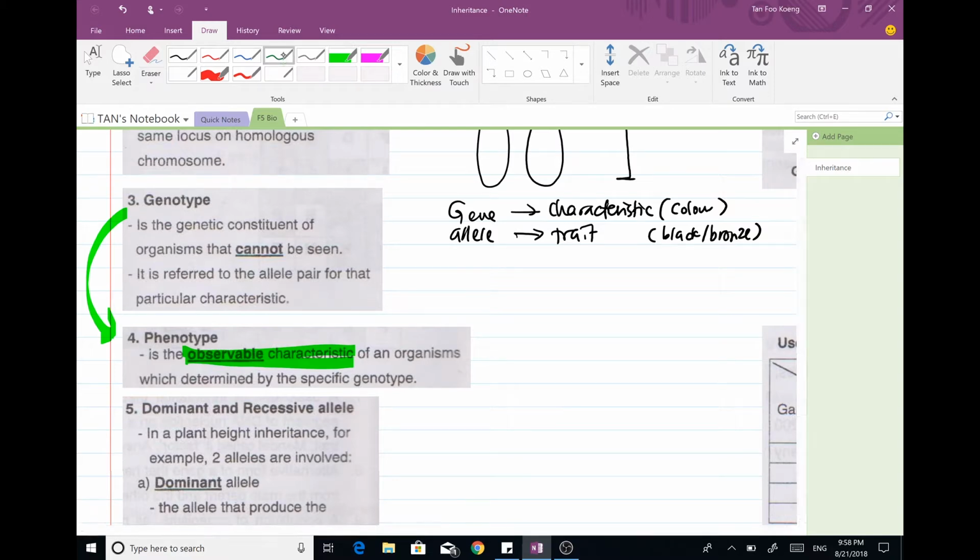And please note that the blood type A, B, or O, even though they are non-observable characteristics, are actually phenotype, because our blood type is determined by the genotype.